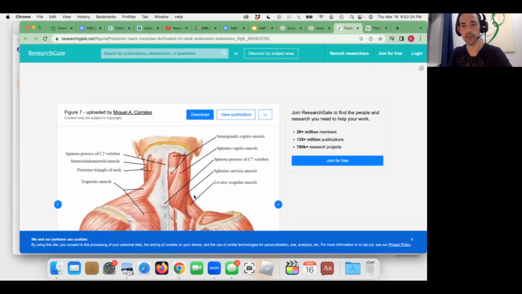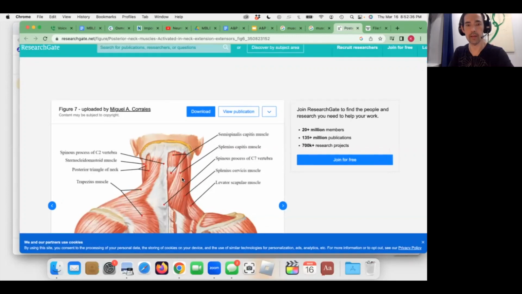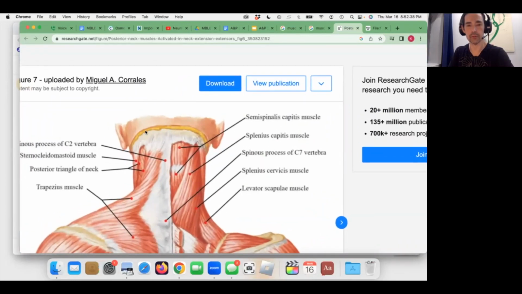So here we have just the cervical region, right? Here's the occiput. Here's the mastoid bone over here, right? And then coming off of the mastoid bone is the sternocleidomastoid muscle, right? Here's the occiput. Coming off of the occiput is the upper trapezius, fibers of the upper trapezius.